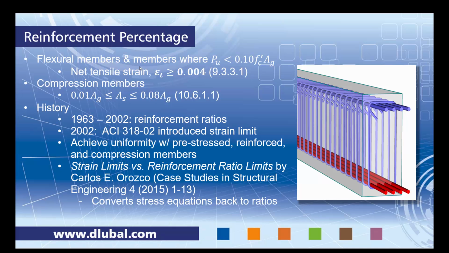And what he found was that there really was no difference. When we convert them back to ratios as a percentage of the gross area of concrete, it really comes close to the net tensile strain being greater than or equal to 0.004. So something worth checking out if you are interested in that.